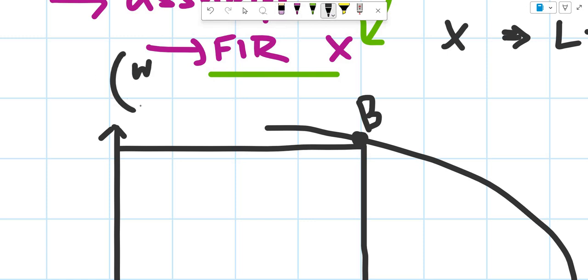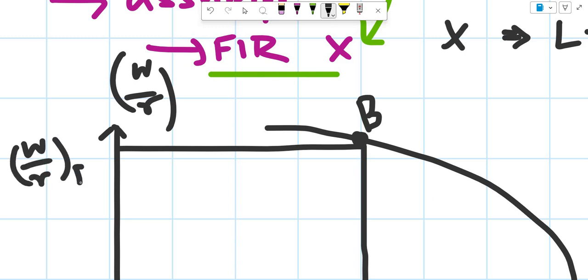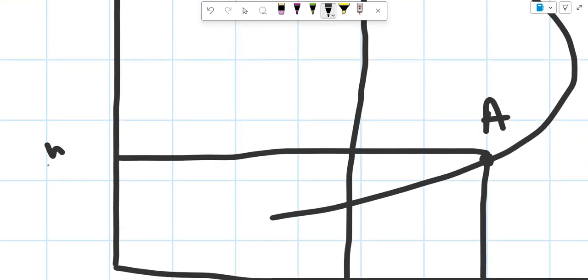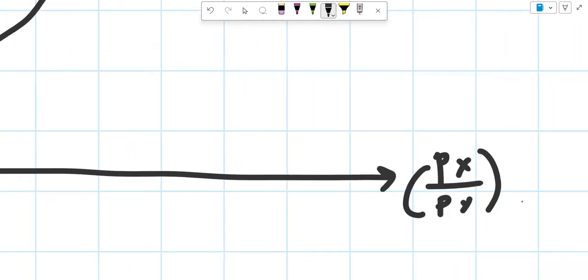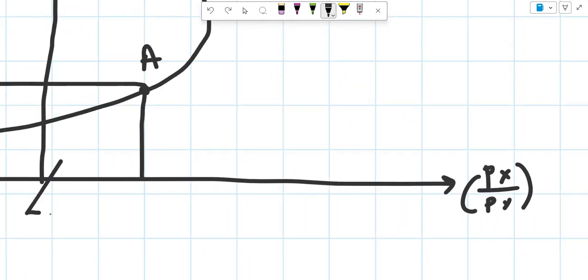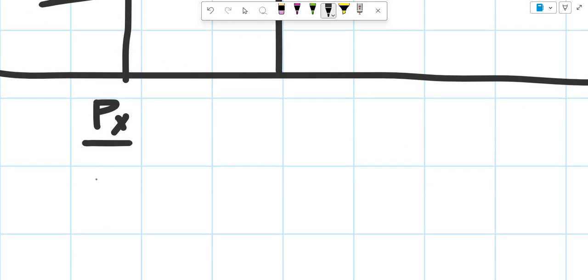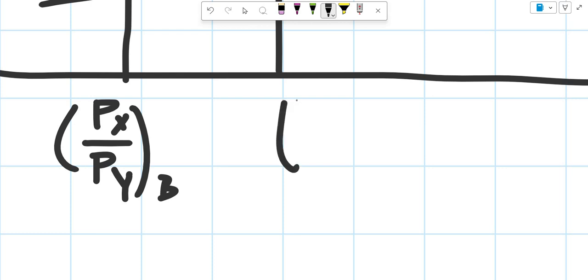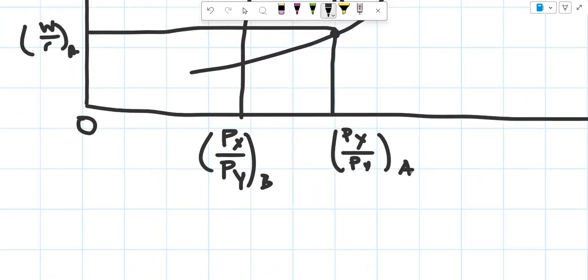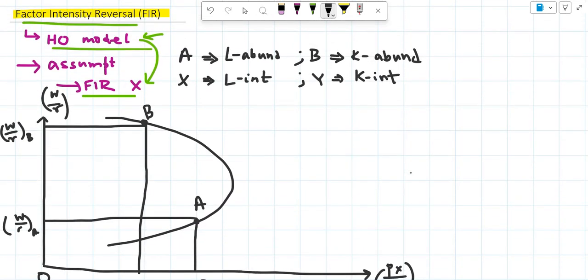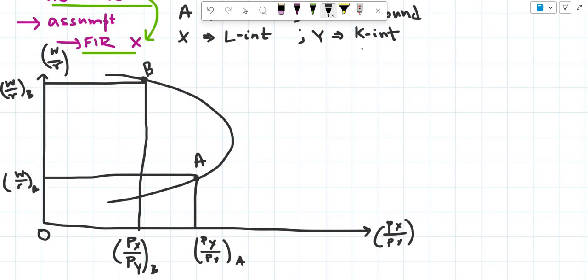This is W by R in B. This is W by R in A. This is Px by Py corresponding to B. And here we have Px by Py corresponding to A. So this graph is basically explaining the factor intensity reversal.